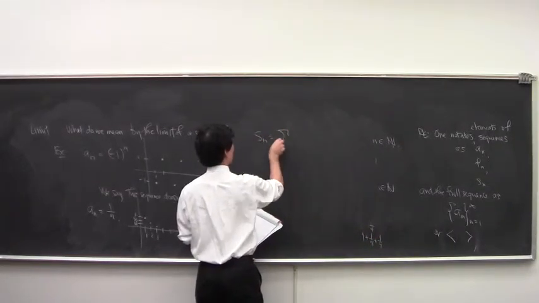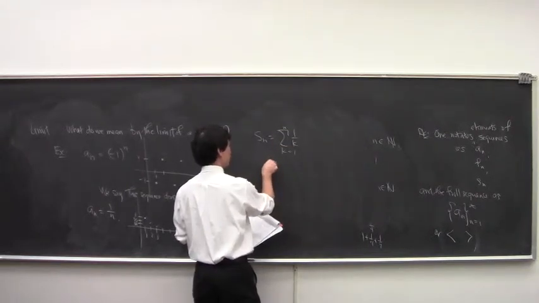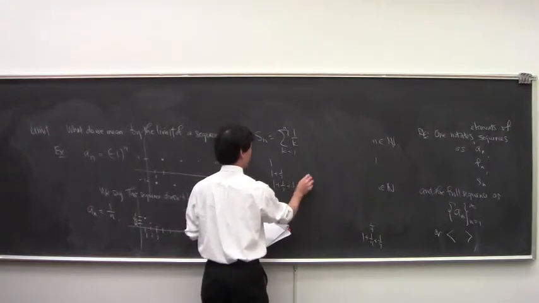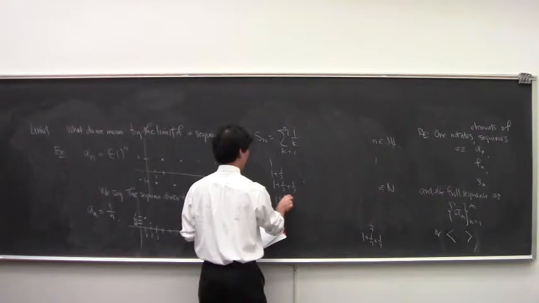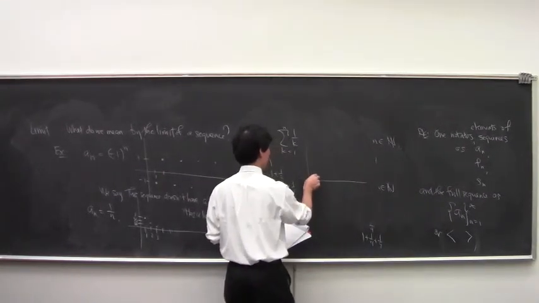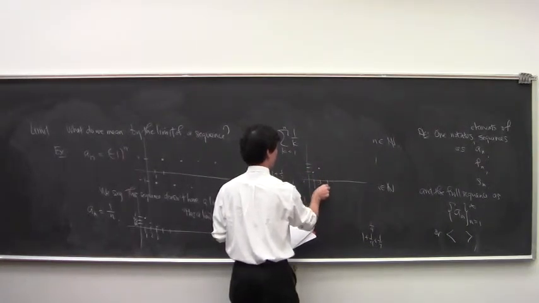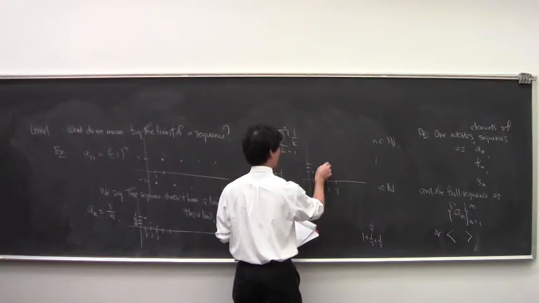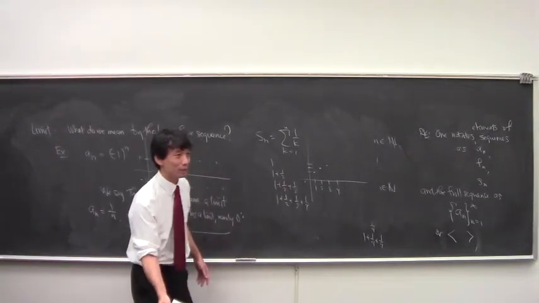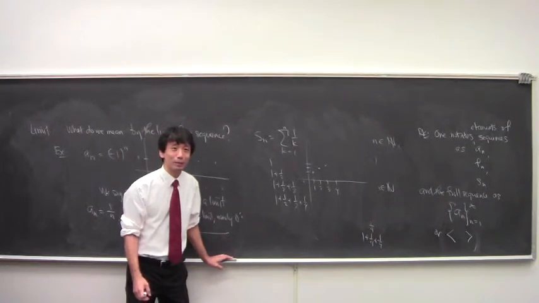s of n being the sum of 1 over k from k equals 1 to n. That's going to be 1, 1 plus a half, 1 plus a half plus a third, 1 plus a half plus a third plus a fourth, etc. So it starts off at 1, then 1 plus a half, and so on. What do you think is going to happen to this sequence?